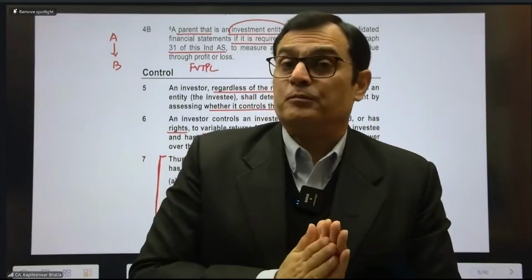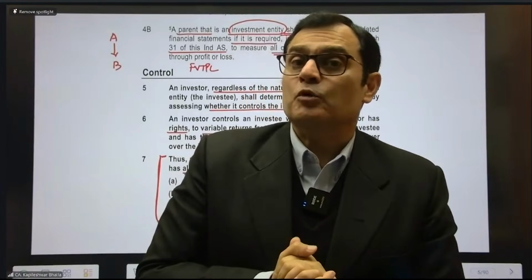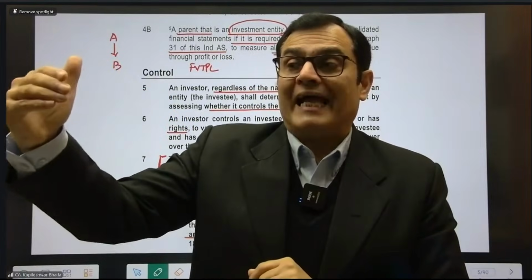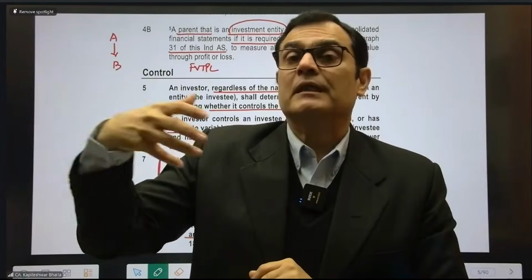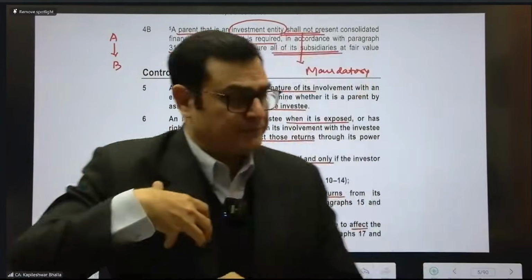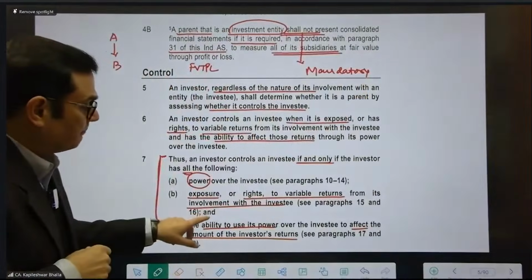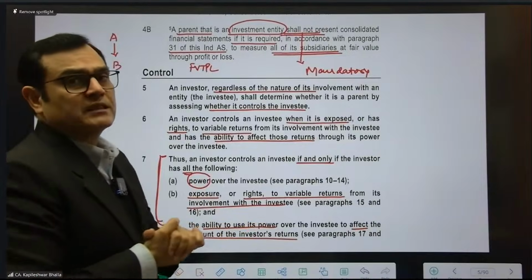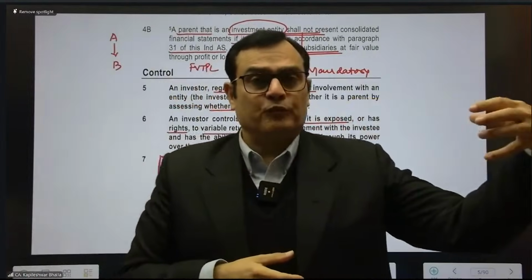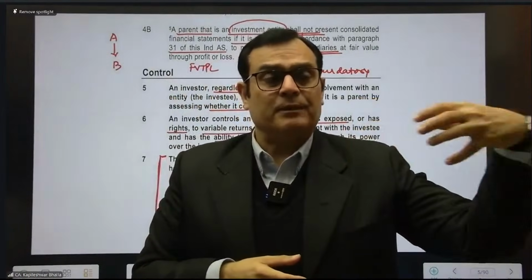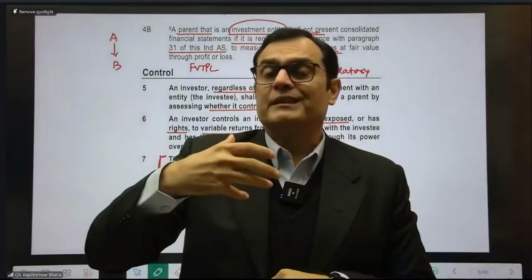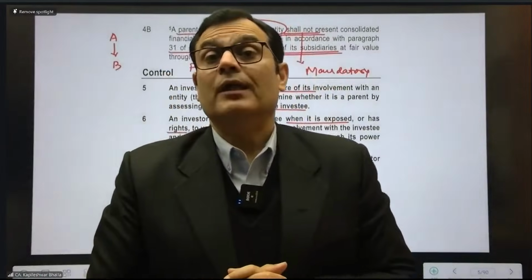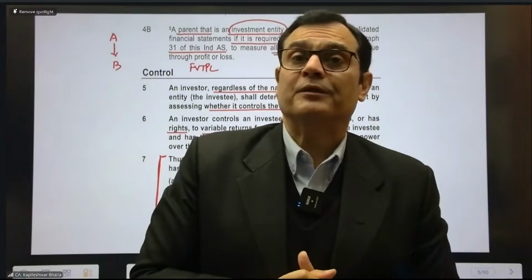Because of this power, you are exposed to variable returns. You will be taking certain decisions, and those decisions would influence the return to the investor. It says the ability to use the power to affect the amount of the investor's return. Once you exercise the power, it will influence the returns of the investor, which is technically called the linkage between power and return.